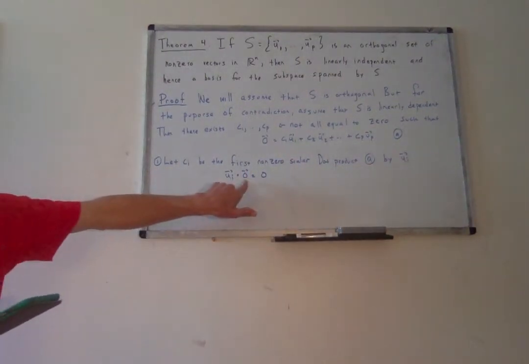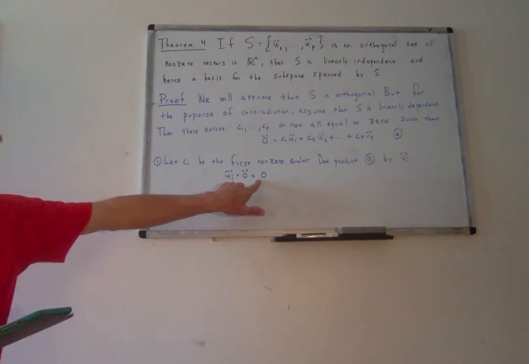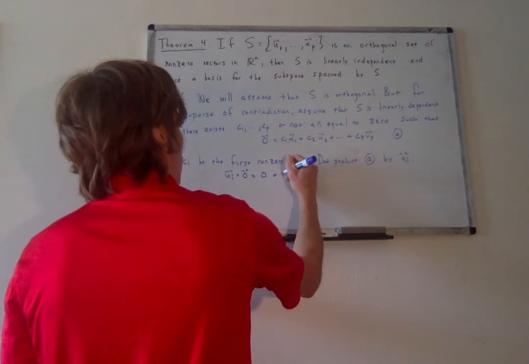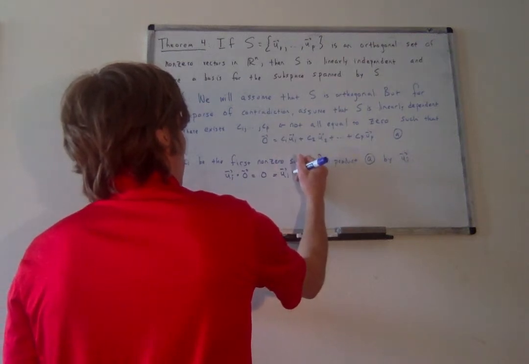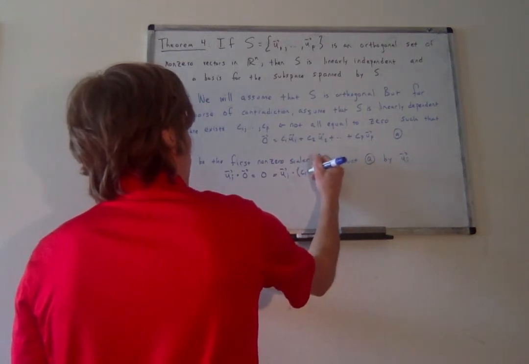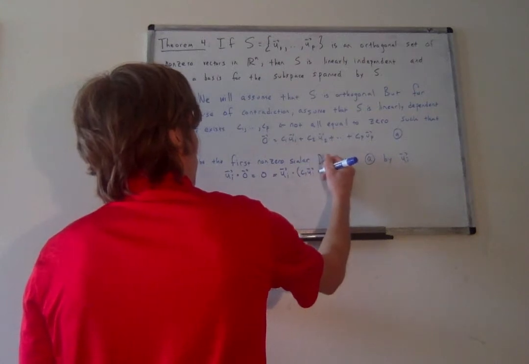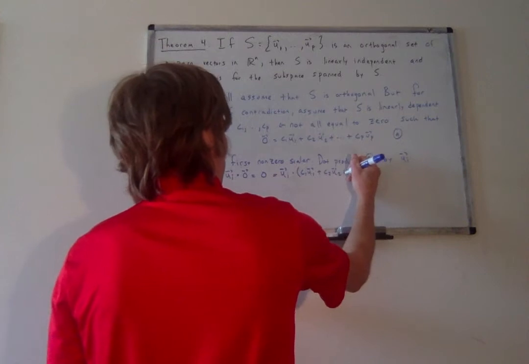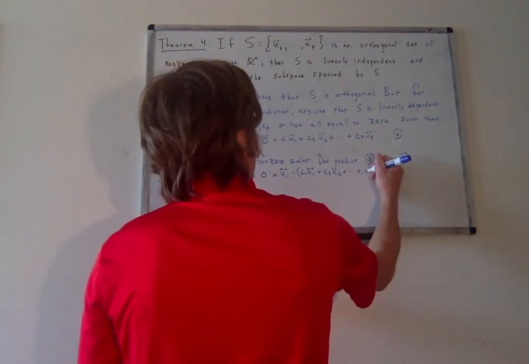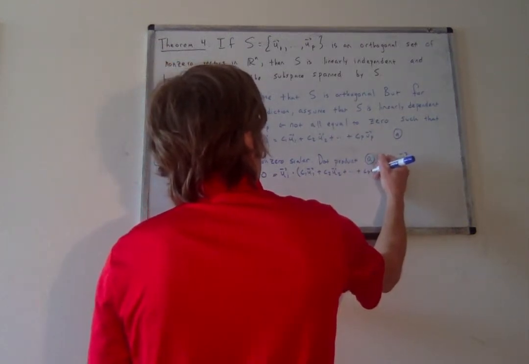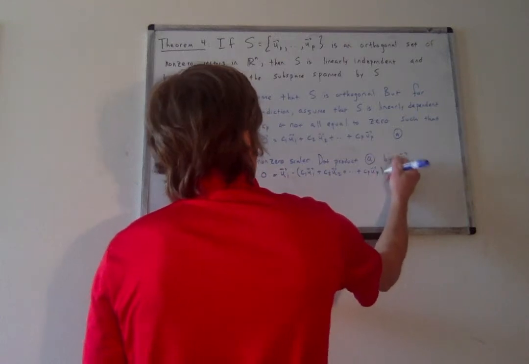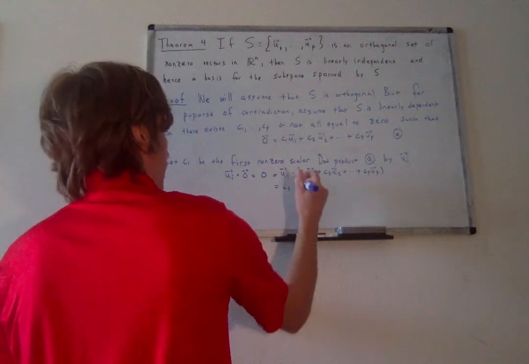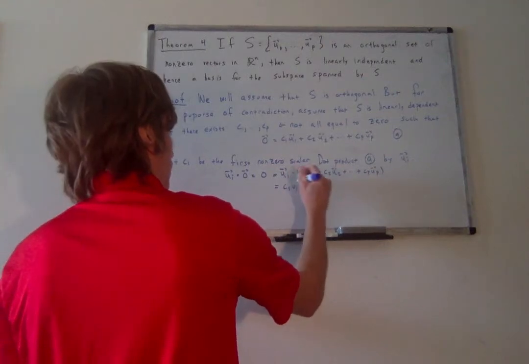Notice anything dot product with the 0 vector is equal to 0, and that is equal to u sub i dot product of this entire vector sum. But remember, by the properties of the dot product and vectors, I can distribute this u sub i through and factor out scalars.